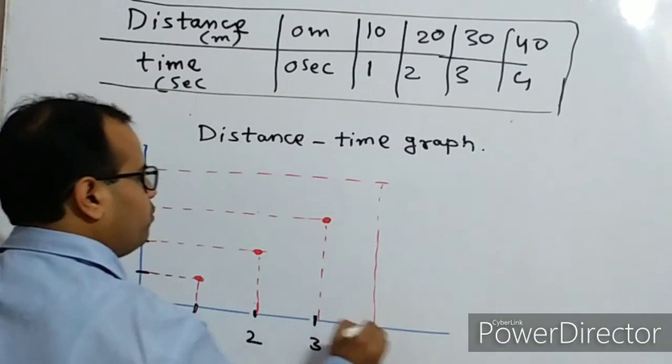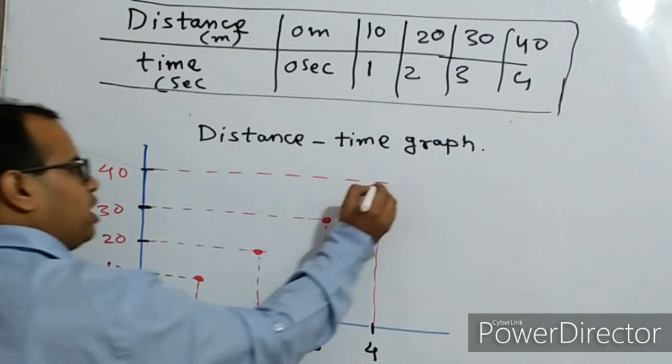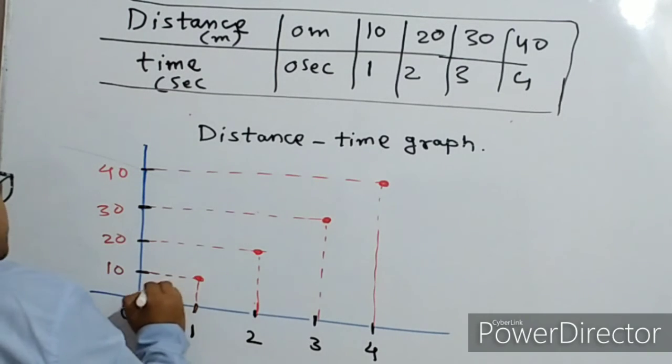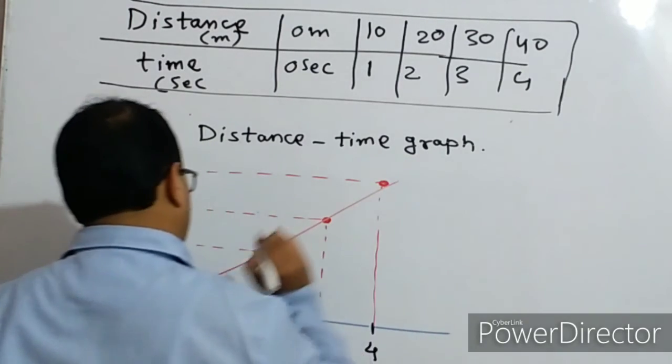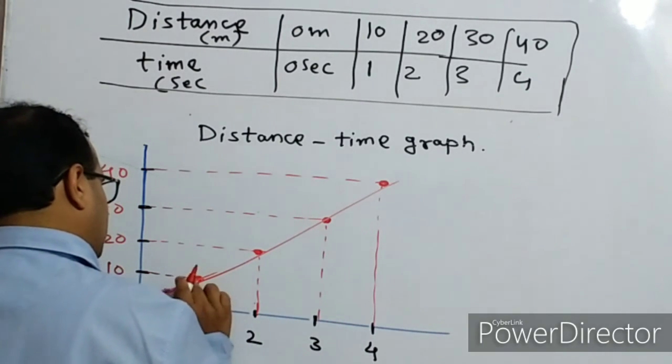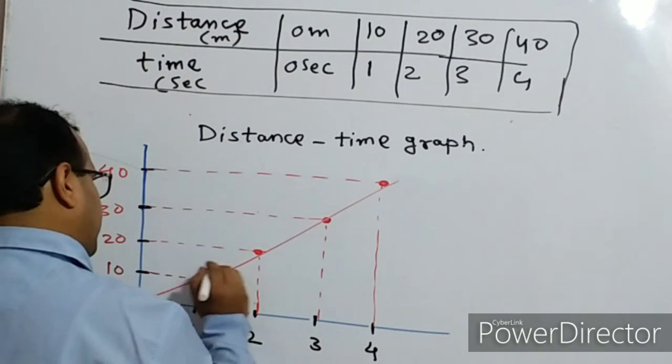Though we have not taken the scales properly and marked them, you can see that if you join them, these points will fall on a straight line.